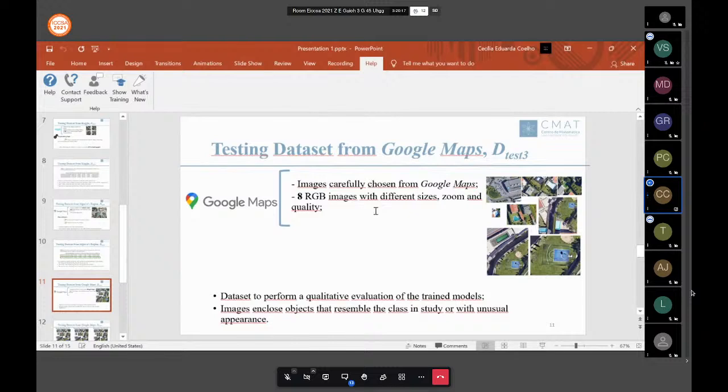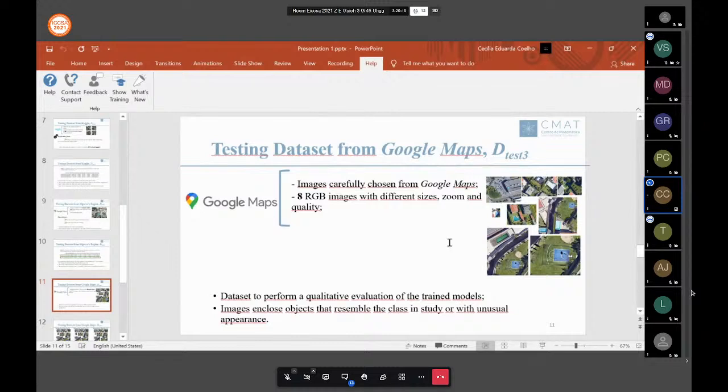We chose 8 images with different sizes, zoom, and quality. We can see the images are these ones over here. We can see that there are unusual colored swimming pools like green. There are very small images, objects that look like swimming pools, but they are not, and a lake.